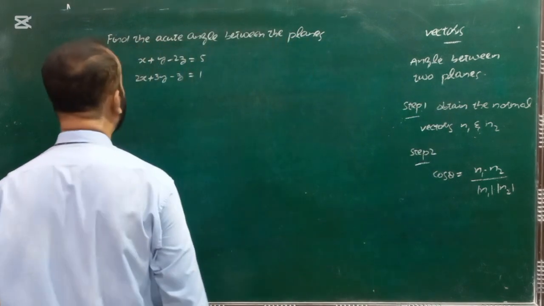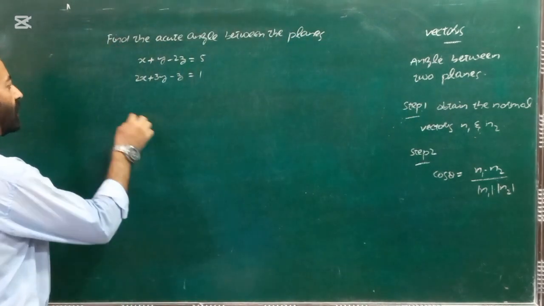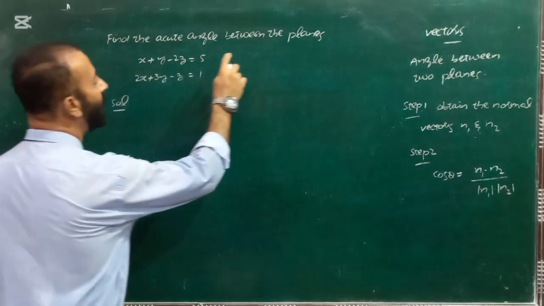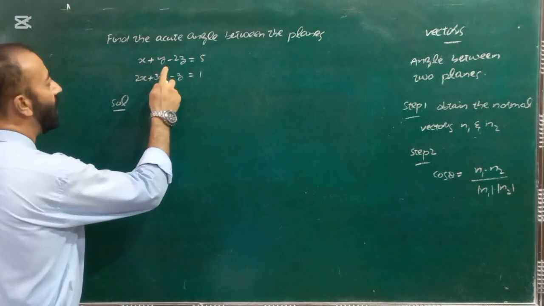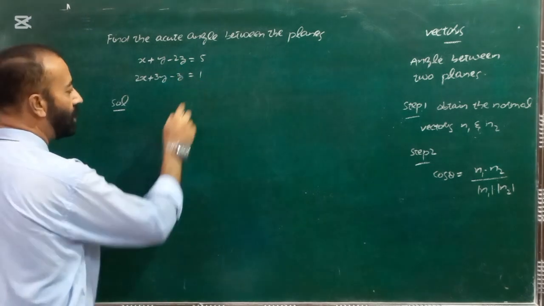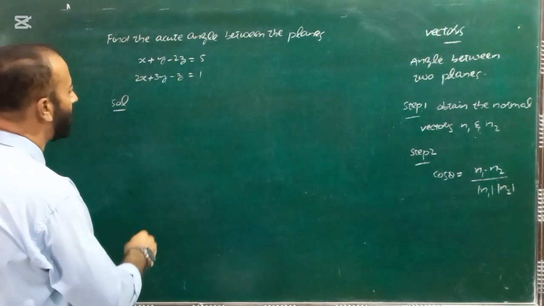So here is a question that will make your concepts clearer about this topic. Look now. Find the acute angle between the planes x plus y minus 2z equals 5 and 2x plus 3y minus z equals 1. So two planes are given.